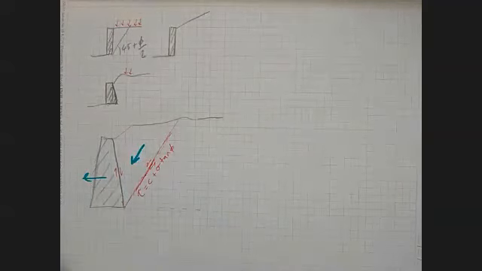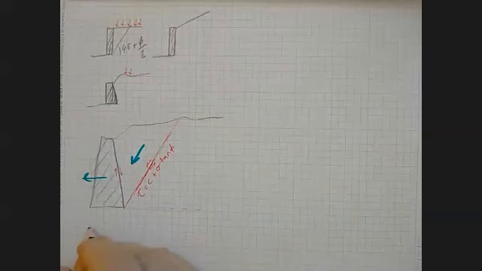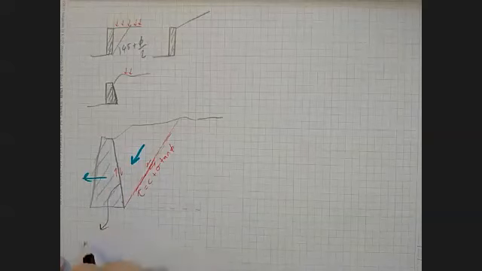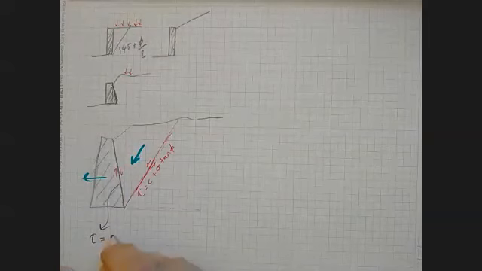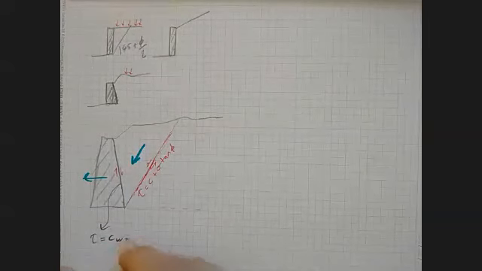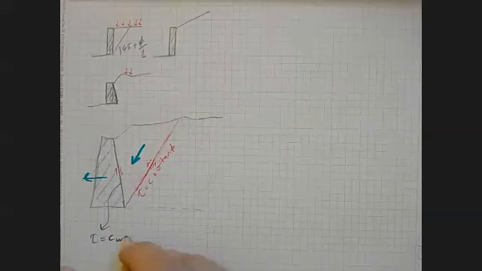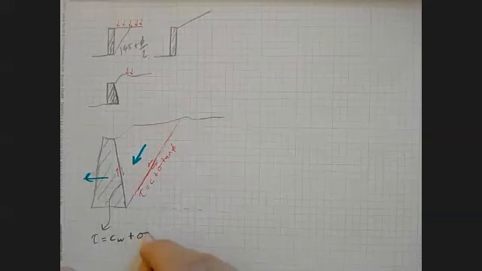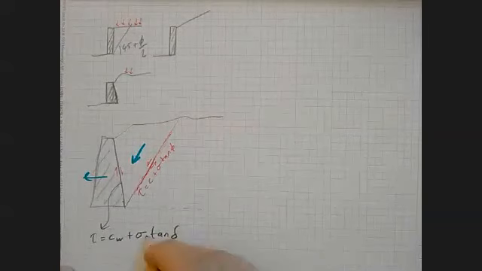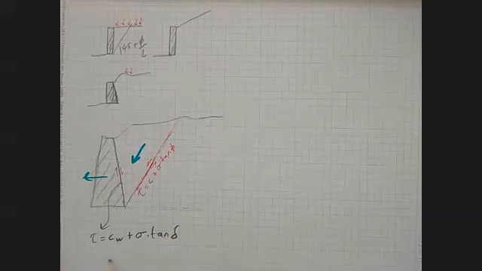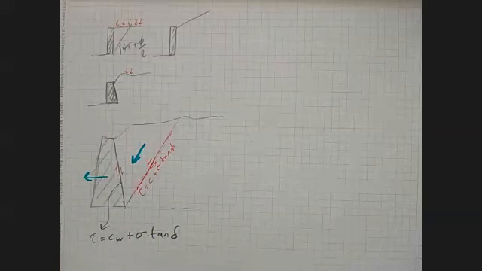So he had to define a new set of parameters. Instead of c and phi, I'm not sure if he called them with these particular letters, but cohesion between the wall and the soil, or let's call that adhesion.